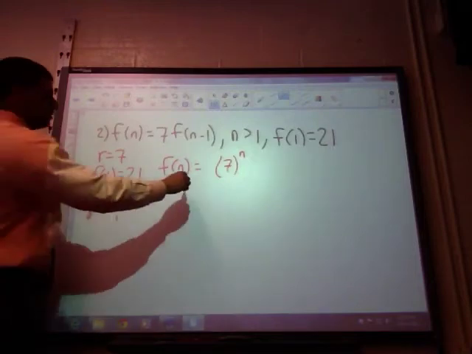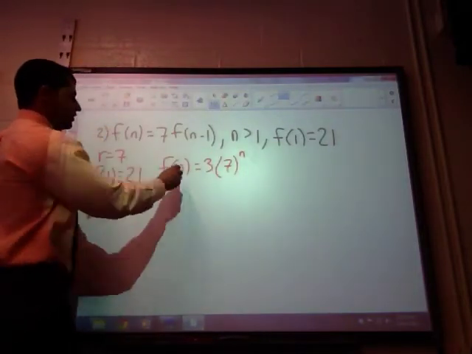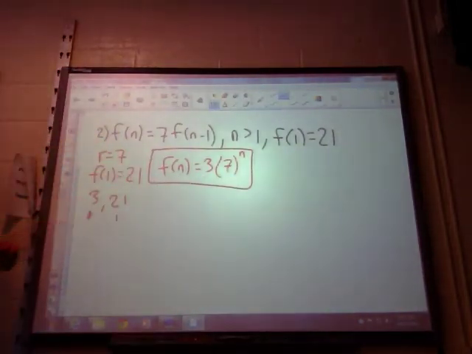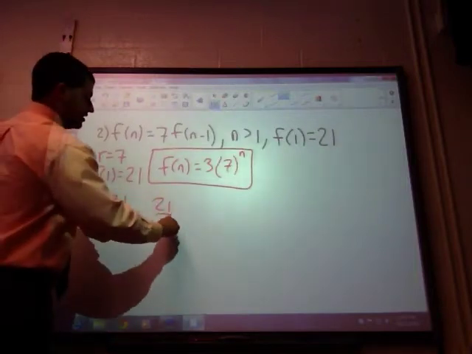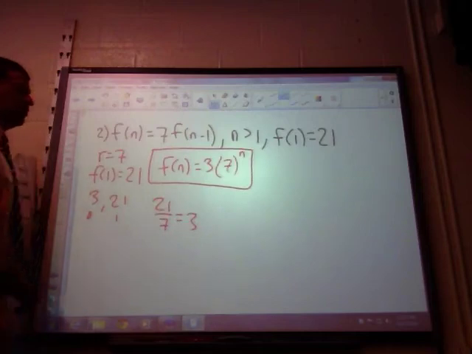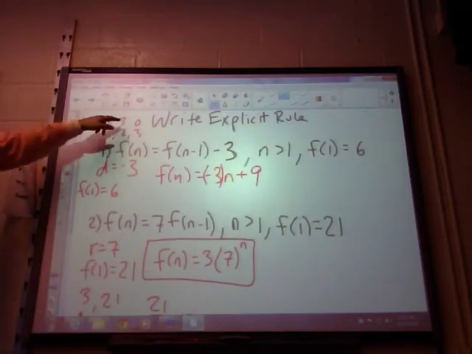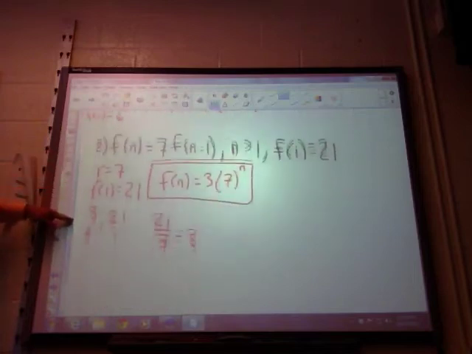So that's our f of 0 term. So we have 3 times 7 to the n power. Basically, to work backwards, you have to figure out what number multiplied by 7 will give you 21, or you could just divide 21 by 7 to use the inverse operation to give you 3. Just like in this one, instead of subtracting 3, we added 3, the inverse operation.